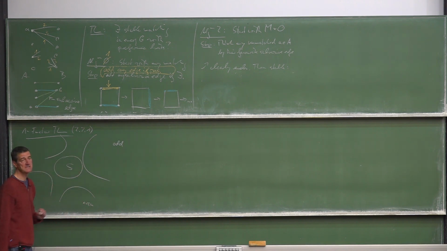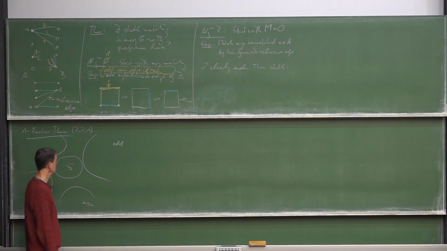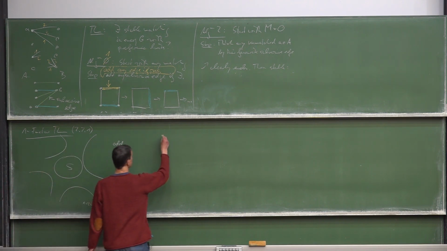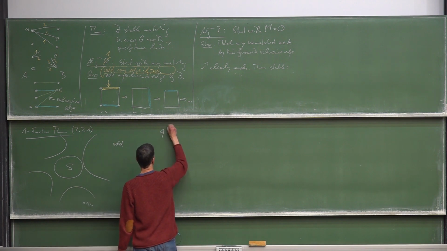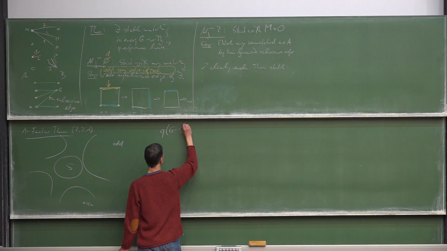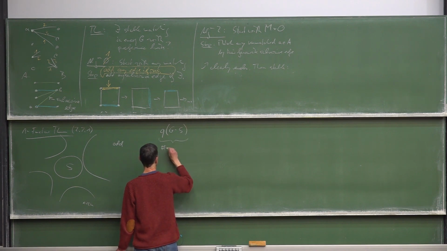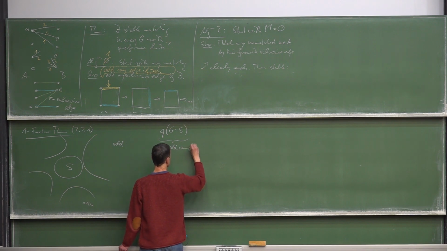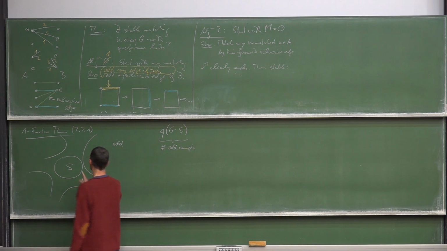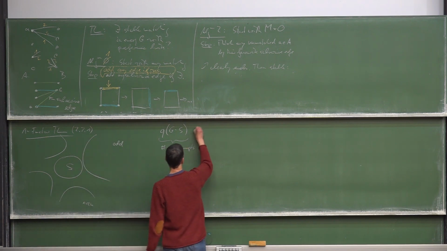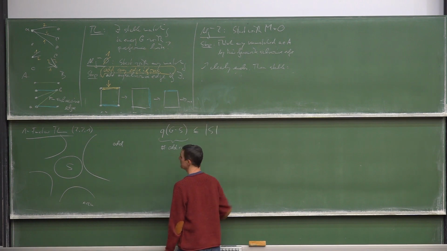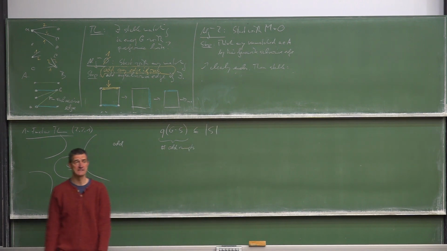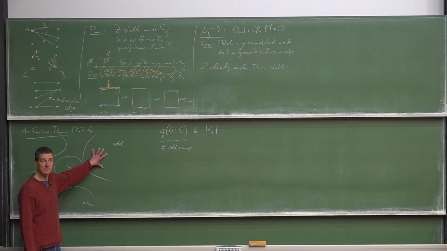And if there exists a one-factor, then the number q(G - S) of odd components of G - S cannot be bigger than the number of vertices in S. Because if you have an odd component and you want a one-factor, you can try and match up the vertices inside there, but at least one will be left over.